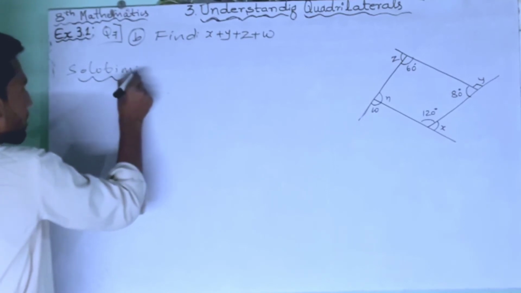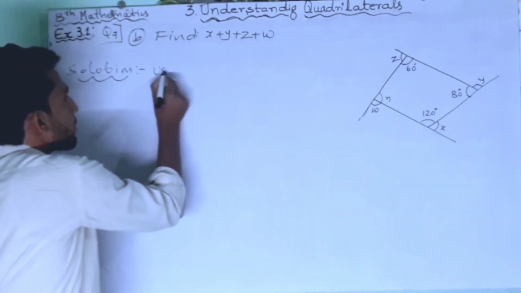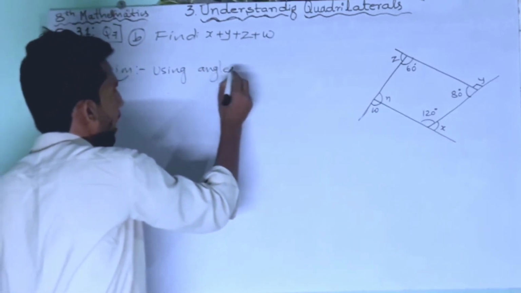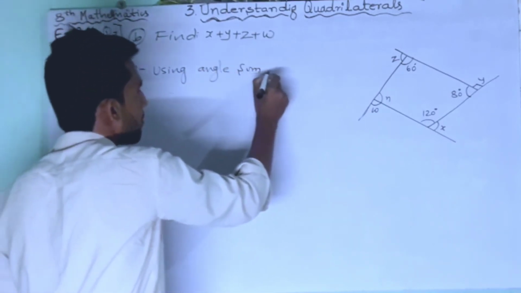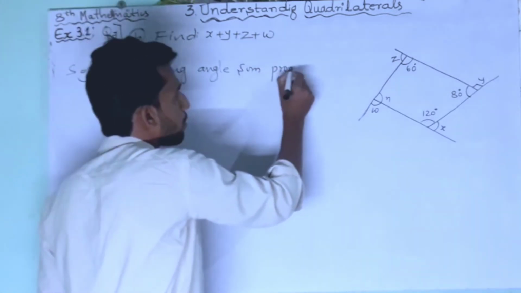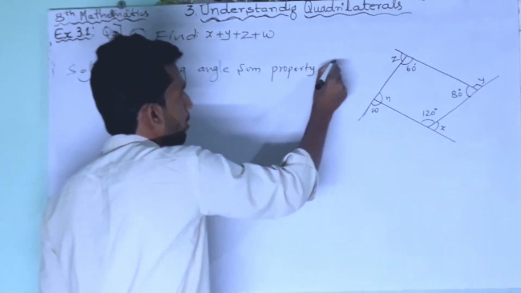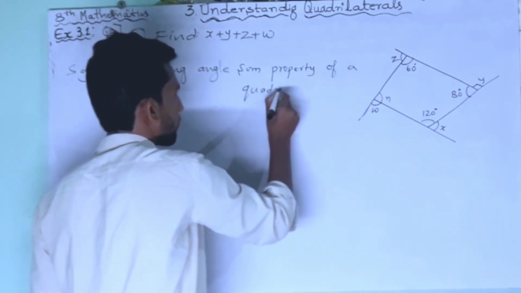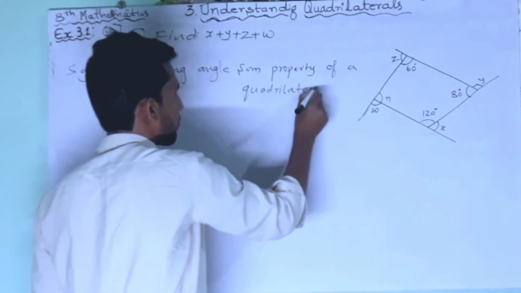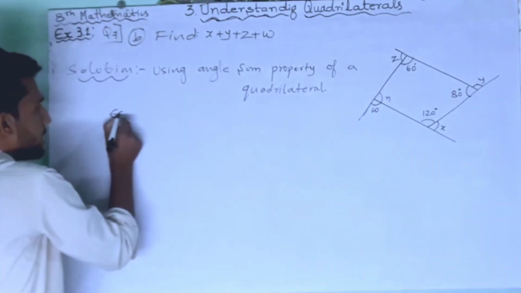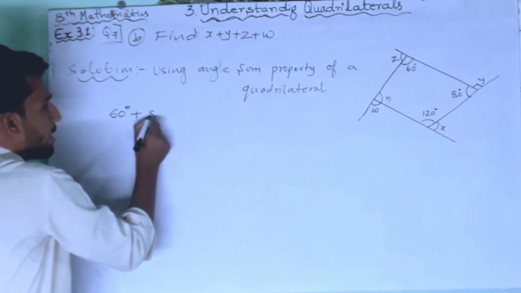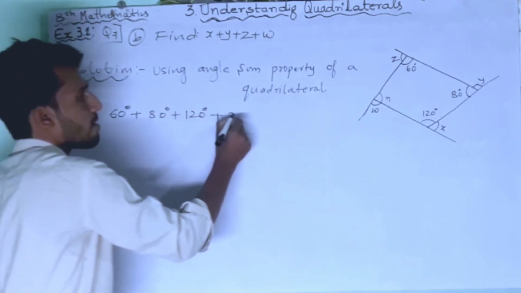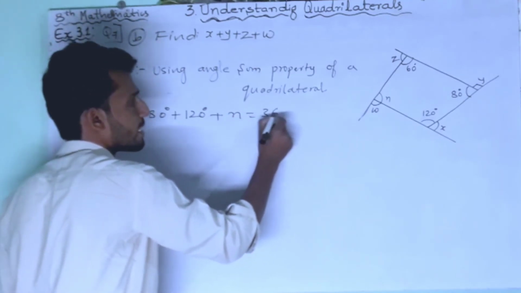I will solve it step by step using the angle sum property of a quadrilateral. Now 60 degrees plus 80 degrees plus 120 degrees plus n is equal to 360 degrees.